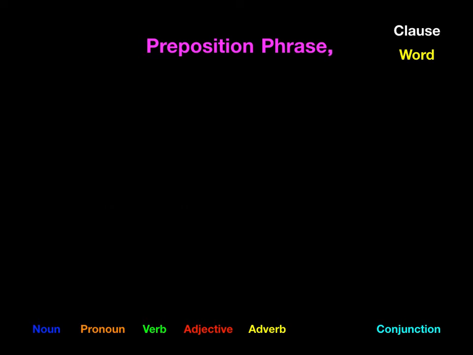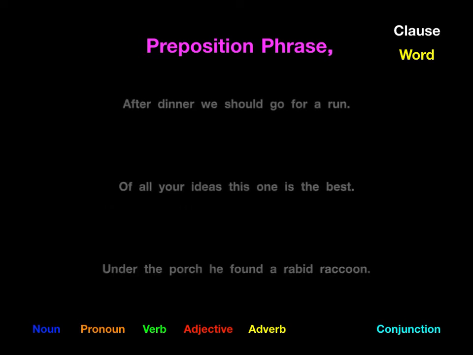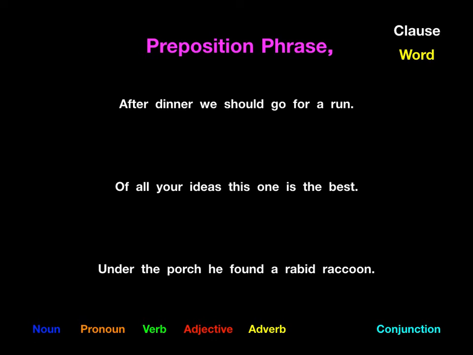Let's look at three other example sentences. "After dinner, we should go for a run." "Of all your ideas, this one is the best." "Under the porch, he found a rabid raccoon." While we could go through and analyze each of these sentences, finding our verbs and then our subjects, we can also note that each of these sentences begins with a preposition.